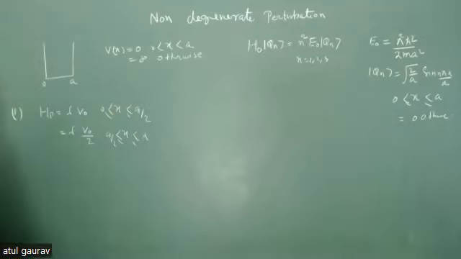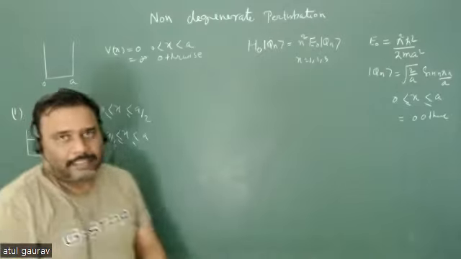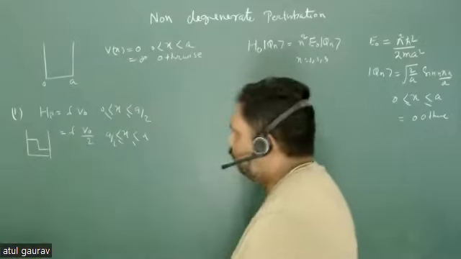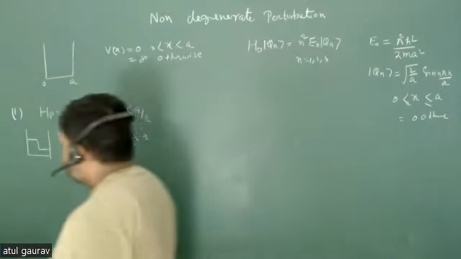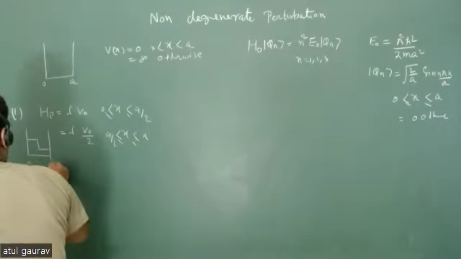Obviously, which type of perturbation is there? This perturbation is something like this, isn't it? A step kind of thing. This is my first problem, between 0 to a.